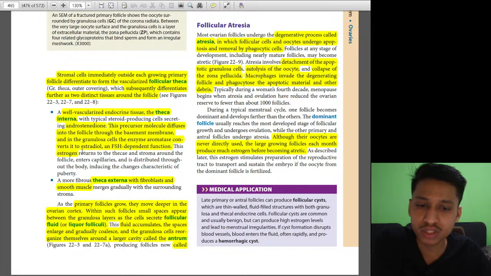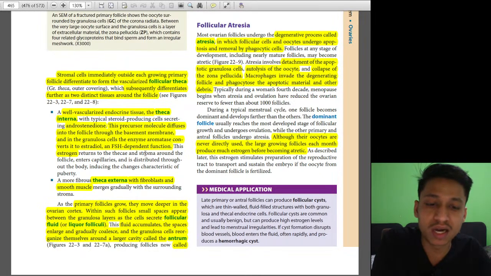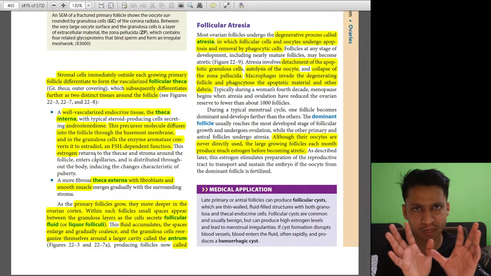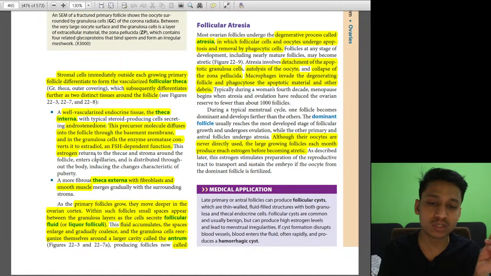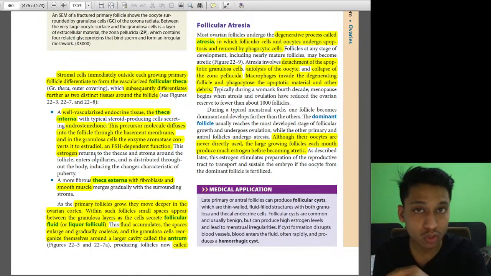This estradiol, basically estrogen, returns to the theca and stroma around the follicle, enters the capillaries, and is distributed throughout the body, inducing changes characteristic of puberty. So remember, the theca interna produces androgen, which travels to the granulosa cells.